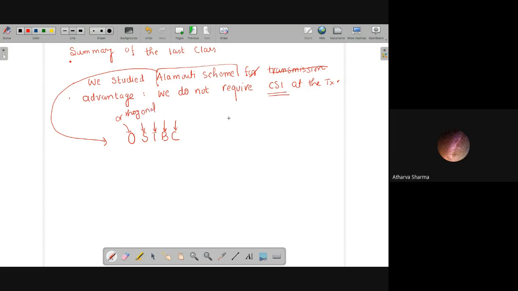Because signals transmitted, if you remember the columns which we achieved after doing some algebraic manipulations, we have seen that these columns were orthogonal.